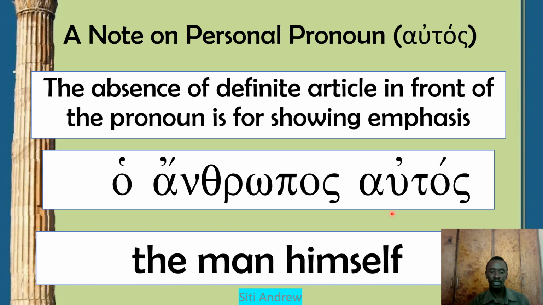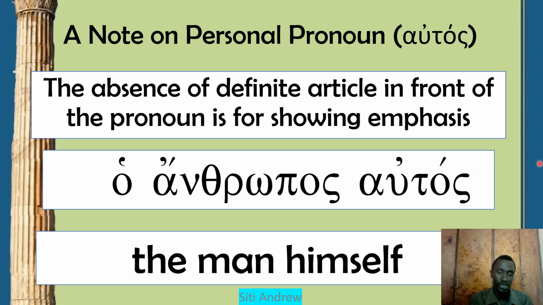And even in the translation, you will say, ho anthropos, the man, autos, himself. Because if you could have translated literally, you could have said the man, he. But because such a construction indicates emphasis, then we translate it as the man himself. I hope you got it.